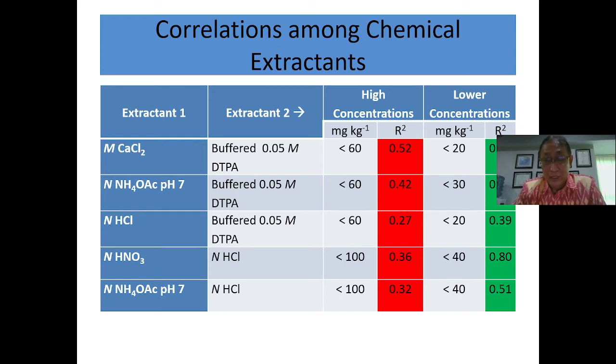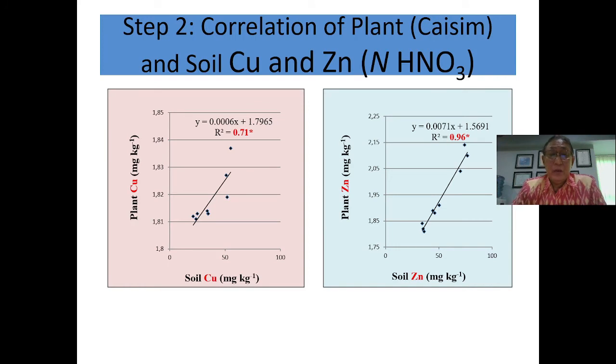But you can see that all of these extractants can be used to predict the availability of heavy metal in the soil system. The heavy metals extracted from soil were well correlated with the plant heavy metal analysis.